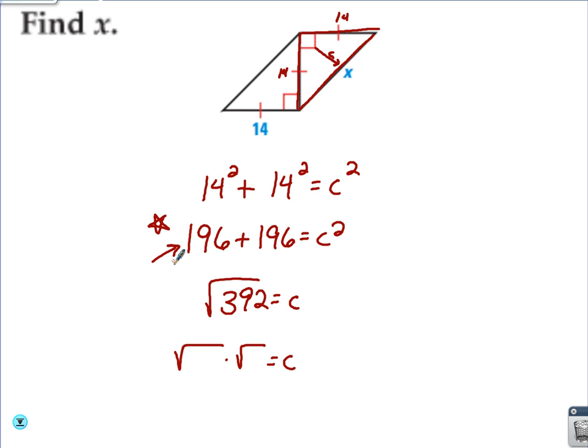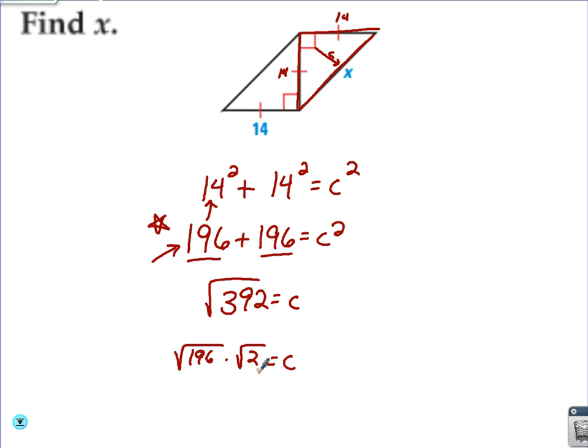What's the square root of 196? 14, correct? 14 times 14 is 196. So what can I split 392 into? Did I not add 196 and 196 to give me 392? So does that not mean that 392 is simply 2 times 196?